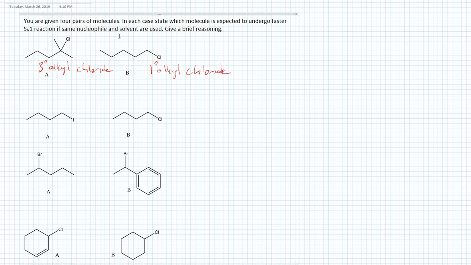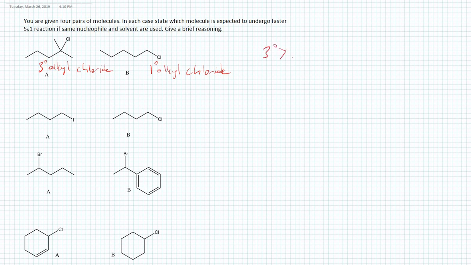When they undergo SN1 reaction, they will produce carbocations, and tertiary alkyl chloride is going to generate a tertiary carbocation, and primary alkyl chloride is going to generate a primary alkyl carbocation. So we know that in SN1 reaction, the order of reactivity is this.